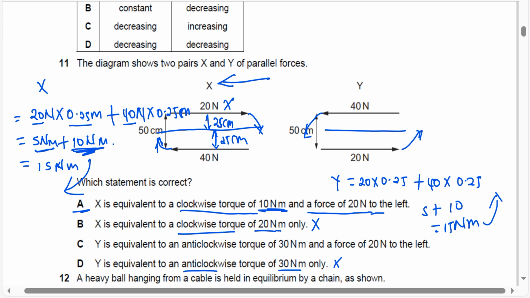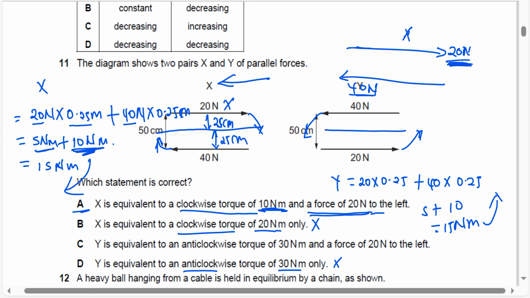Alternatively, you can also look at it like this. If I say X is equivalent to a clockwise torque of 10 Newton meters and a force of 20 newtons to the left, so it means I have X, here I had 20 newtons, and here I had 40 newtons. The 40 newtons alone would cause 10 Newton meters, which is clockwise. Then we need to cancel out this 20 newtons because it was to the right.